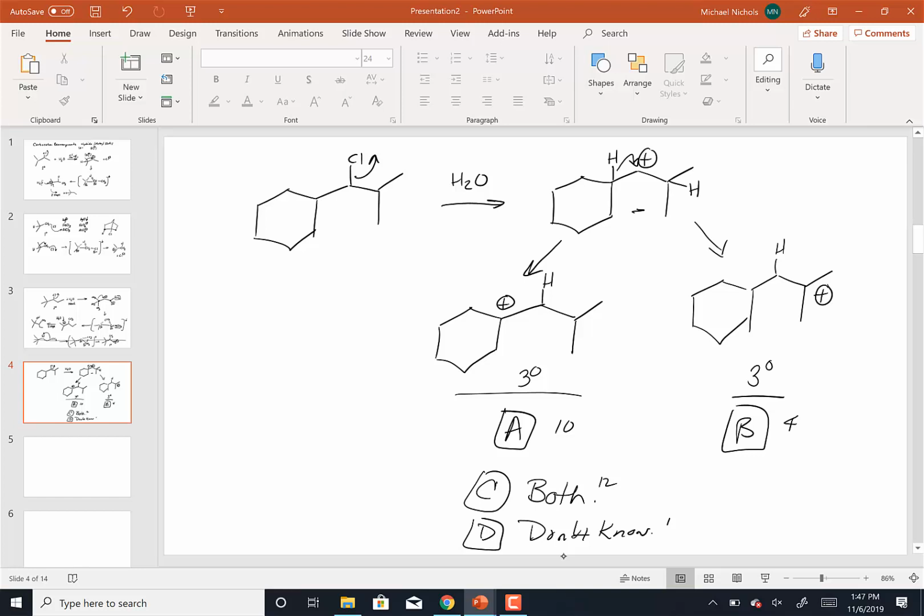My standard line is, it doesn't matter whether they're methyl, ethyl, or a 100 carbon chain. They're all going to be the same. So the plus charge actually isn't going to make it too far in the ring. It's only going to make it to the two CH2 groups that are attached to it. So you could treat them as if ethyl groups, methyl groups, it's all the same. So tertiary carbocations, as far as we're concerned, have the same stability.